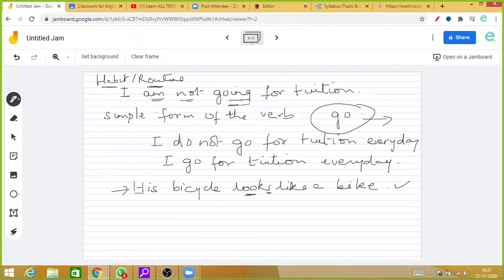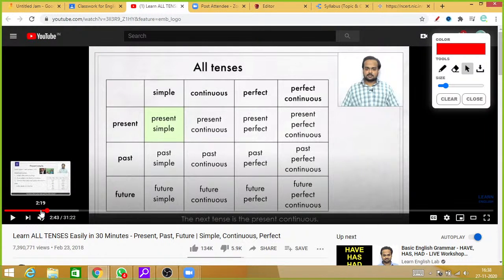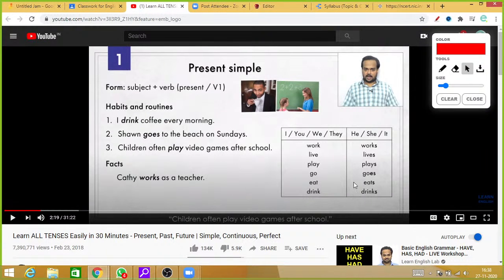Now, make a sentence with he, she. Vaishnavi, you make a sentence with he, she, his. Make a sentence using the base form only. When you use the base form, we'll have to put S. Here, look at this.